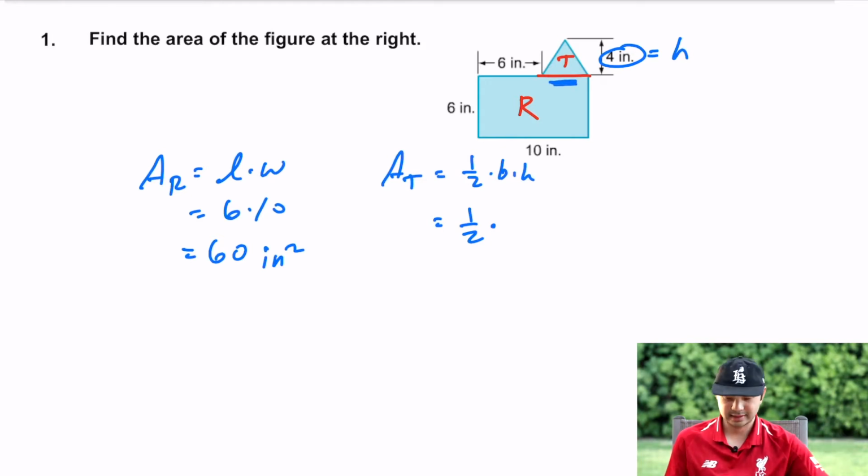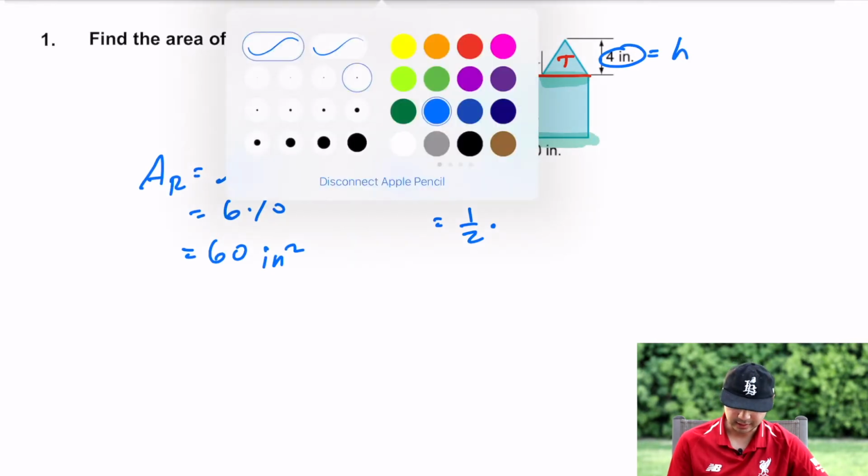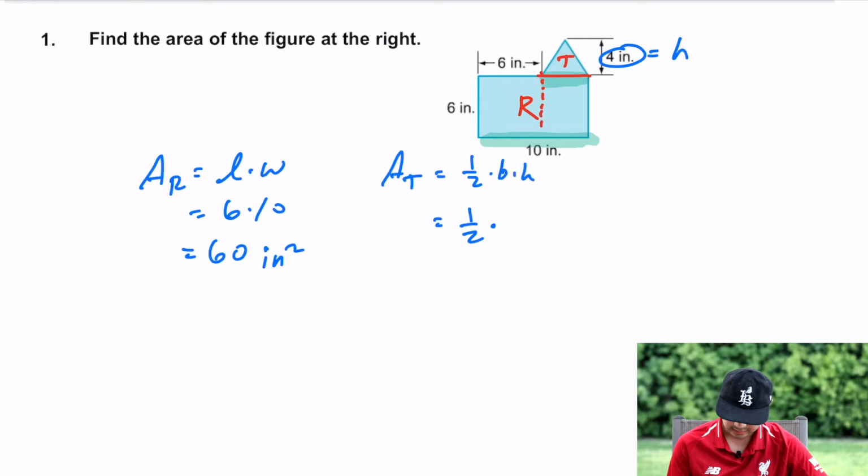It's not 6, because 6 is talking about that part. You have to think a little harder about this. If you're looking for just this part right here, you have to ask what's parallel to that line. Right here, this is parallel, and you can draw a little line here. From here to here, that's 6 inches.